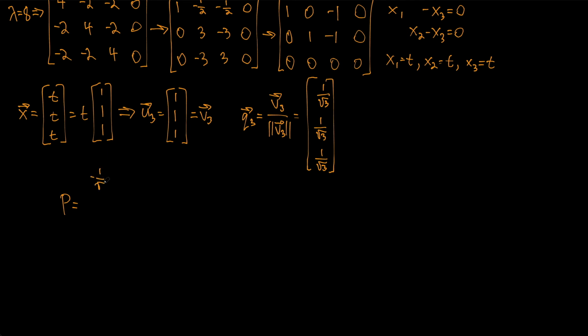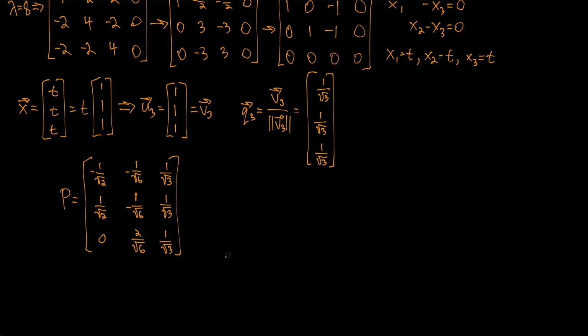So that'll be 1 over root 2, 1 over root 2, 0, minus 1 over root 6, minus 1 over root 6, 2 over root 6, 1 over root 3, 1 over root 3, and 1 over root 3. So that's my matrix P that diagonalizes A.